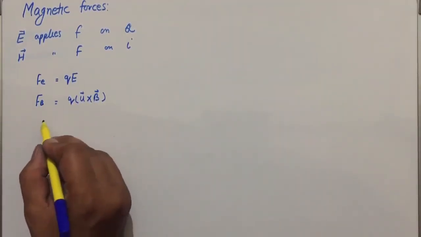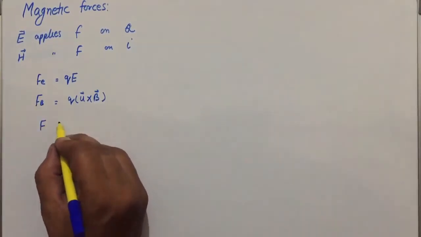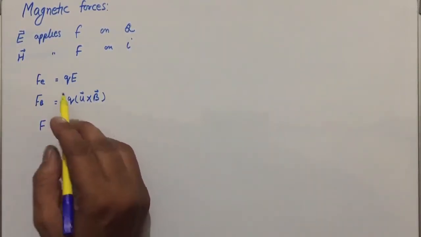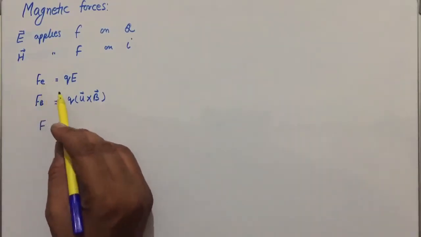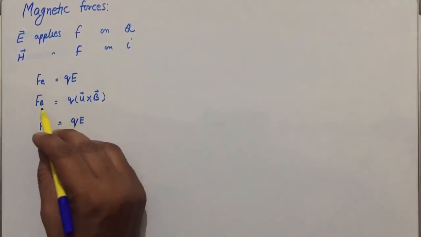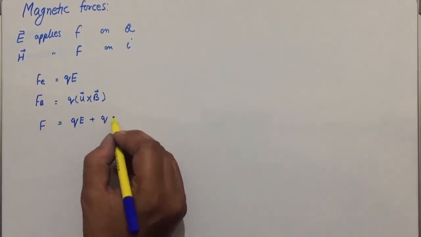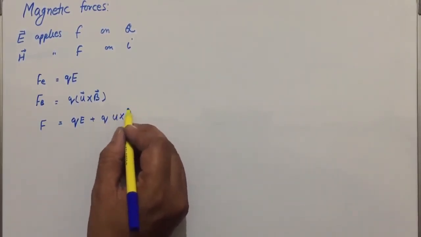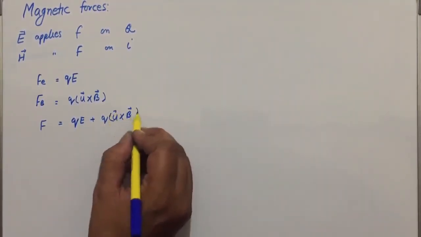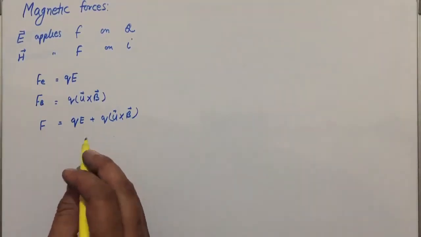And if we wish to find the total force acting on the moving charge in the magnetic field, then due to the electrostatic force it will be QE, and due to the movement the force will be QU cross B. The combination of these two will be experienced when the charge is moving in a magnetic field.